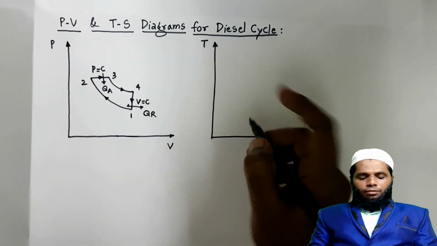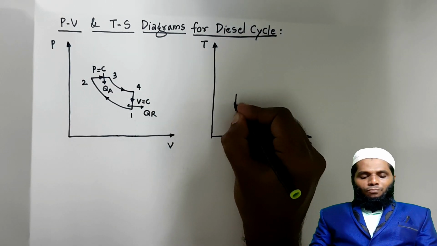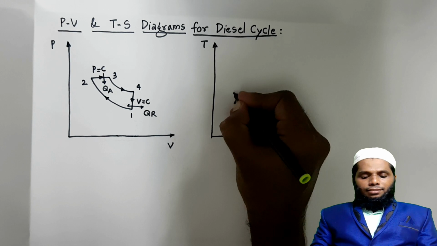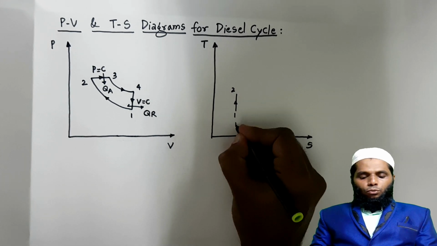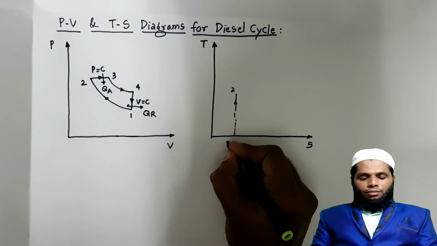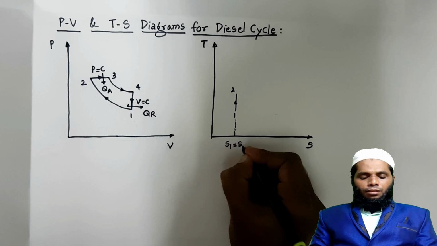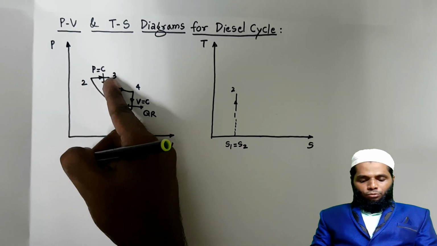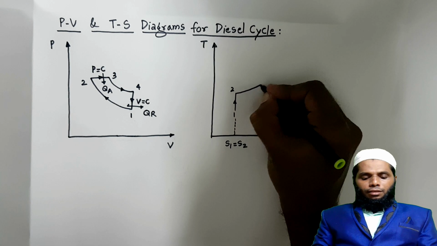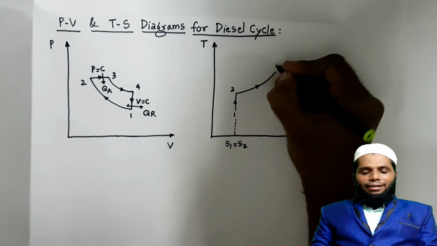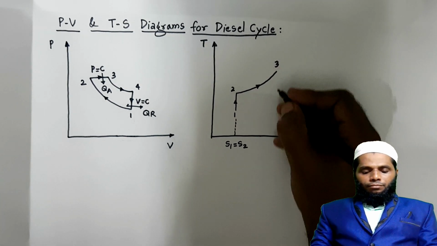So points from PV diagram will be plotted on TS diagram as 1 to 2 isentropic process where entropy remains constant. So S1 is equal to S2. 2 to 3 is constant pressure heat addition process.